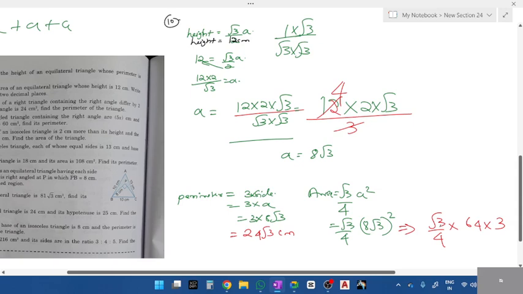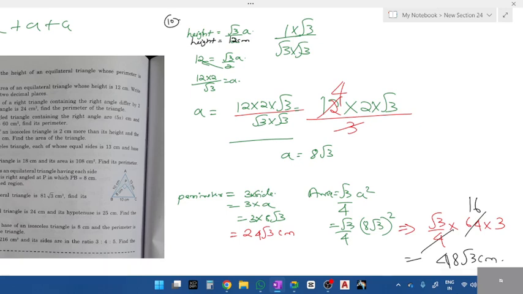Yes, students, done, completed? Is the area value 4? How many times 4 goes in 64? How much is 16 into 3? 48 centimeters.